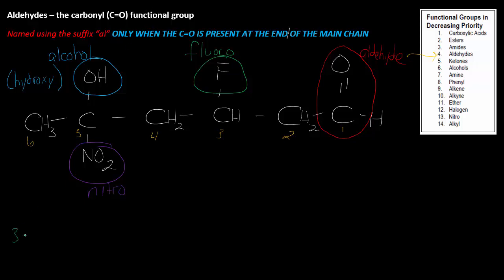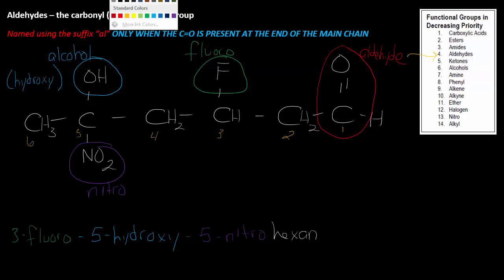Carbon 6 will be over on the left. So alphabetical order for your prefixes: 3-fluoro, 5-hydroxy, 5-nitro, 1-hexan, 1-al.